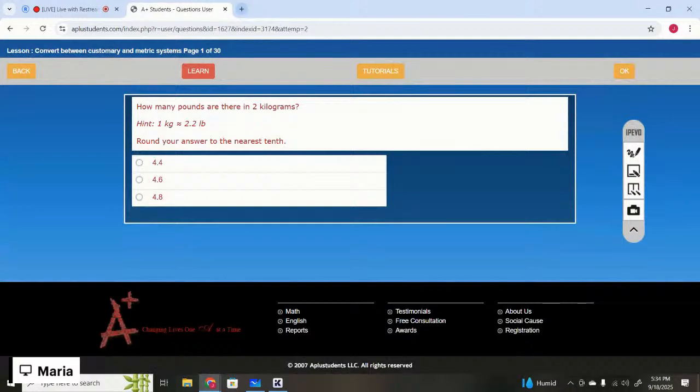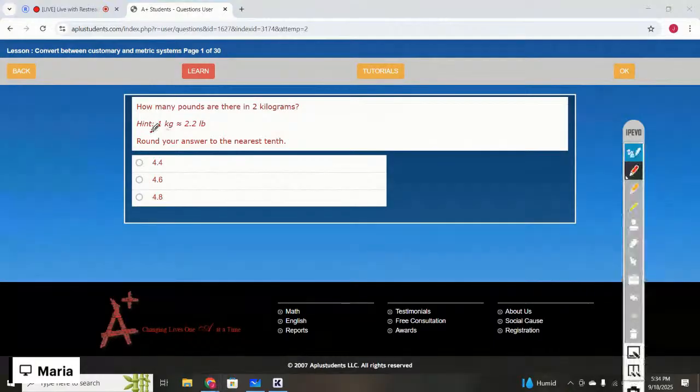How many pounds are there in 2 kilograms? So 1 kilogram equals 2.2 pounds. You are given the hint.